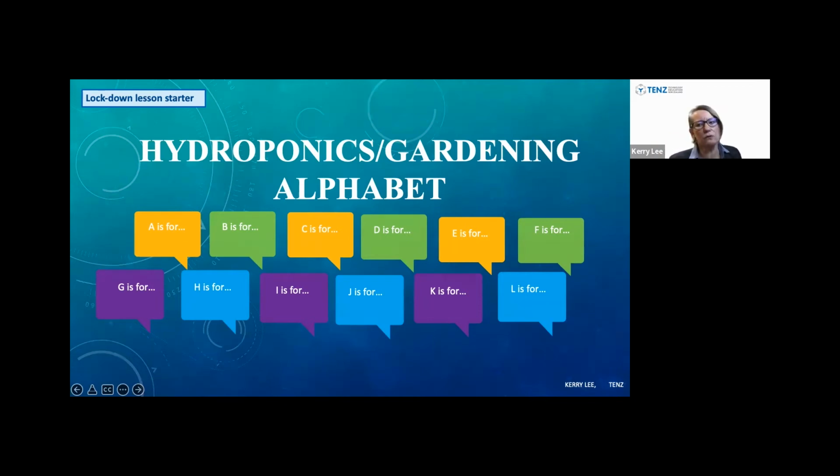If you can't think of anything beginning with that letter, jump on to another one, because the more people you have, the easier it will be. We're going to look at parts of plants, what plants need to grow, types of plants, medium terms, technology terms, maybe risk-taking attributes, things like that.